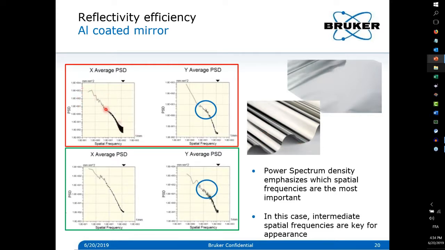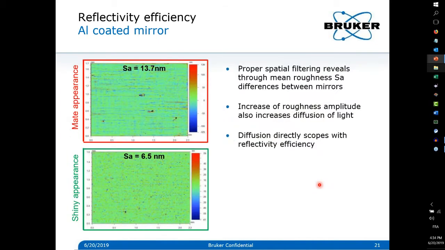So if we analyze and measure the surface with single acquisitions, 5x objectives, and white light interferometry, we will get a nice power spectral density along X and Y surfaces. And if we look around, we can see that there are some differences in this region and also in that specific region. And this is where we'll see a difference. So if we apply a bandpass to just select this spatial frequency, here is what we obtain.